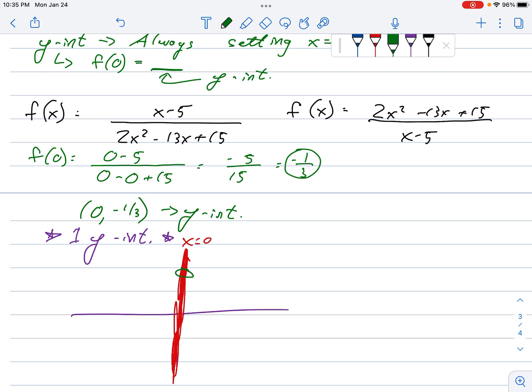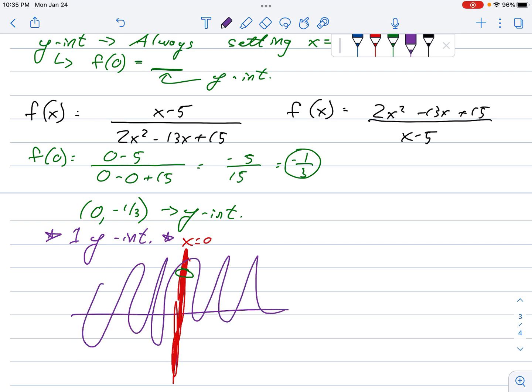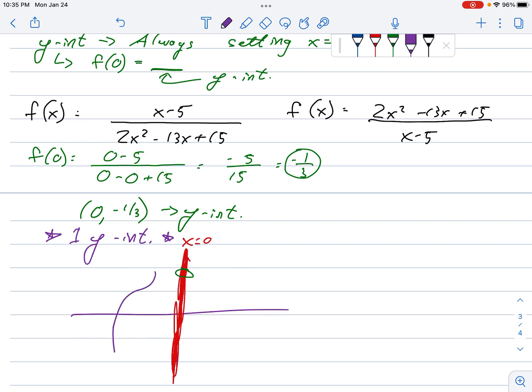I can go like this and cross the x-axis 1,000 times, but as long as I don't ever wrap back in on myself, I'm still considered a function. So a lot of times we get functions, and we're going to study this in the third trimester, that are cyclic. So they have one Y-intercept, but multiple X-intercepts.